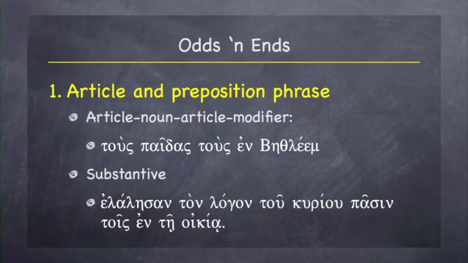Okay, so this gets really flexible in translation. The exercise in the textbook is this verse, and it means, word for word, they spoke the word of God, pasin, to all, tois, the, en te oikia, in the house. Okay, they spoke the word of the Lord to all, the in the house.